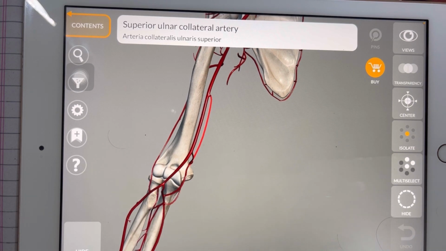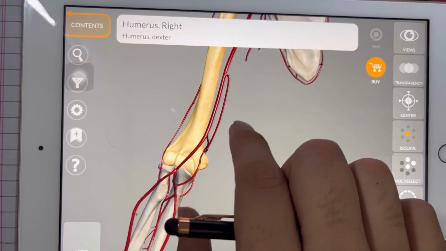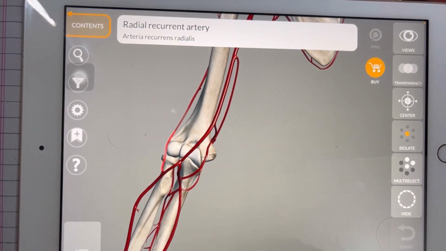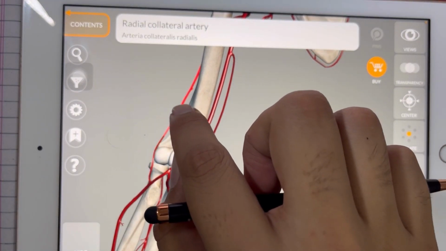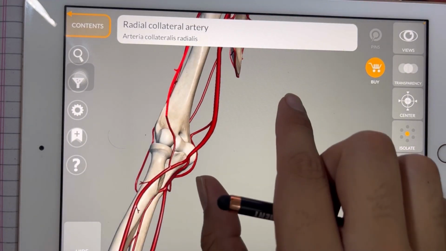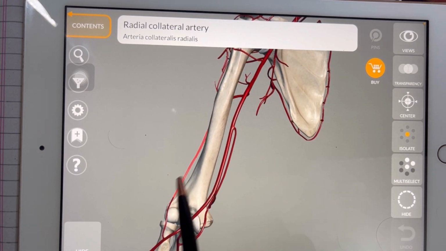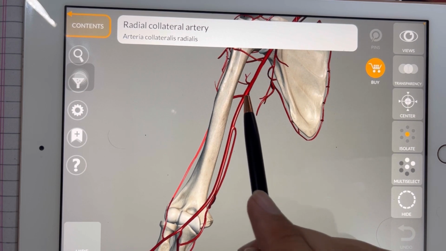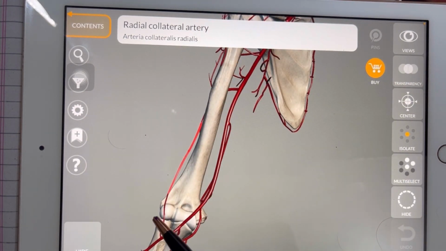Student, the brachialis muscle is also supplied by the radial recurrent artery. This artery here is the radial recurrent artery. This radial recurrent artery is the branch of the radial collateral artery, and this radial collateral artery also arises from the brachial artery. This branch here arises from the brachial artery and moves posteriorly to the lateral side of the arm.